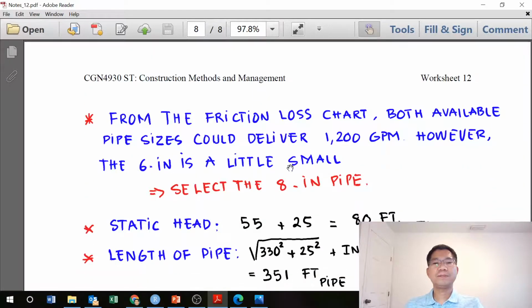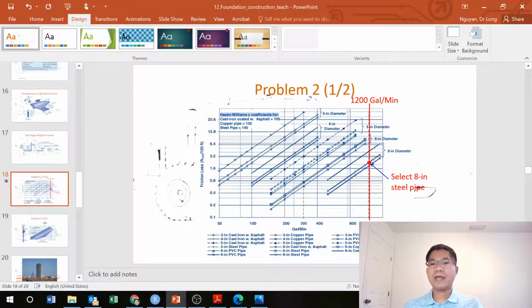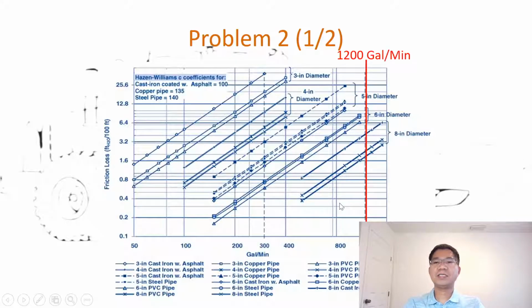So from the chart that you saw here, the average flow that is expected is 1200 gallons per minute. And as you can see from here, we have a 12-inch steel pipe, and that one is steel pipe, and you can see copper and cast iron. So you have that one.